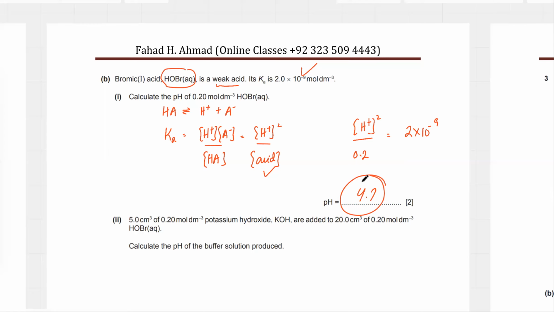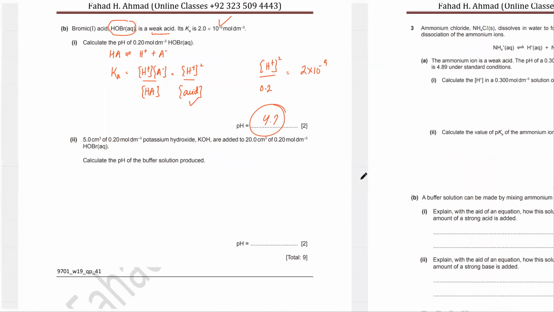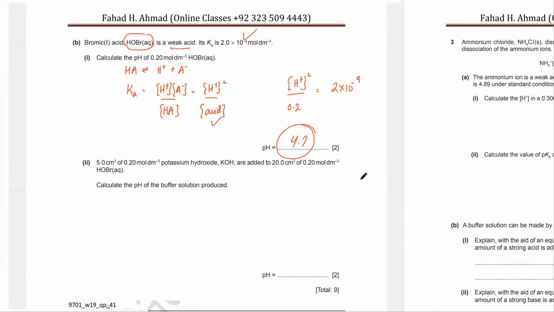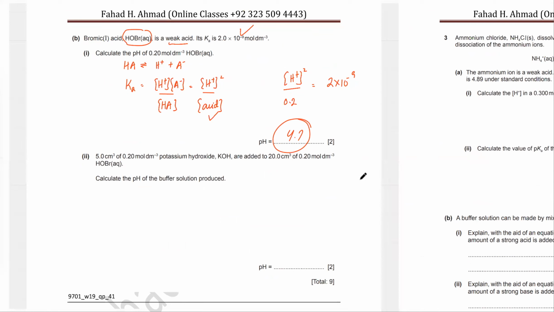And then the next part is they're trying to make a buffer. So can you try and solve this one? We will be solving this in the next class as well. Now, the first thing is, you've got HOBr, right? It dissociates, produces H plus 1, and the other ion that is produced is OBr minus 1.